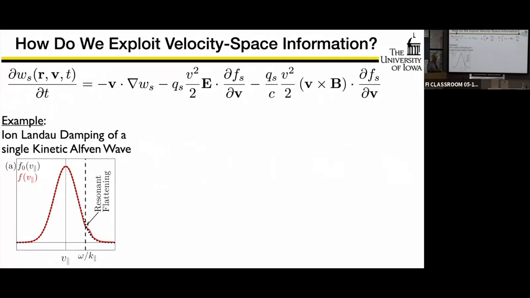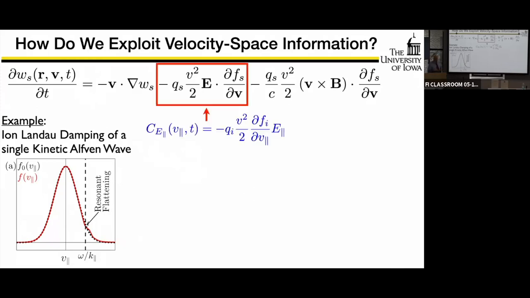If you've taken a plasma physics course, you know that if you take a velocity distribution which is Maxwellian, this black dashed line here, and you put a kinetic Alfvén wave in it, and it Landau damps, quasi-linear theory tells you what's going to happen is it's going to flatten the distribution function right around the parallel phase velocity of that wave. And that's exactly what it does. In fact, this looks like a diagram, but it's actually simulation results, but that's not that important. The point is it flattens that distribution function.